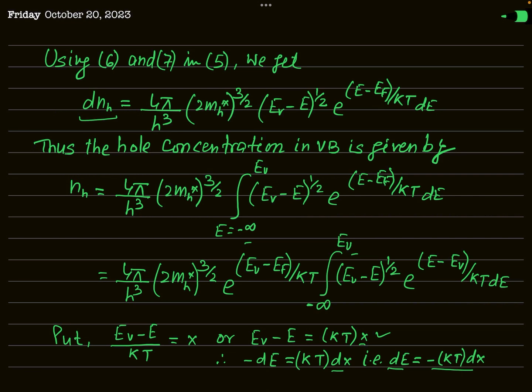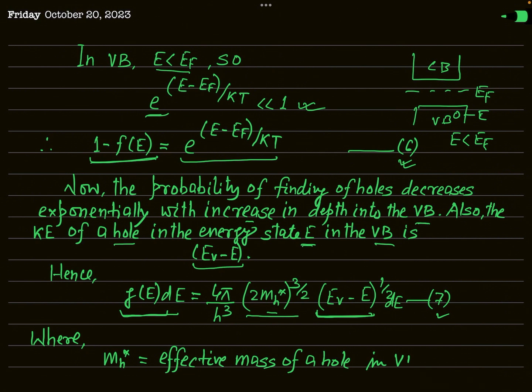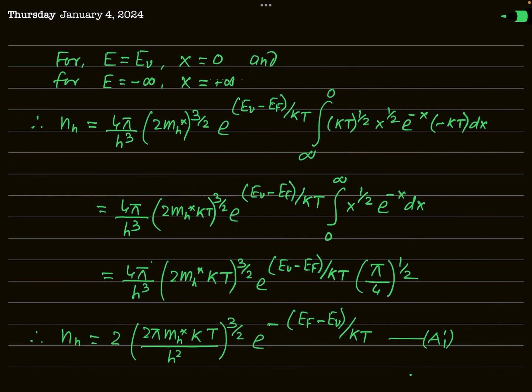This will be given as 4π over h cubed times (2mh star) whole to the power 3/2 times (EV minus E) to the power half times e to the power (E minus EF) over kT dE. This is the value of 1 minus f(E).